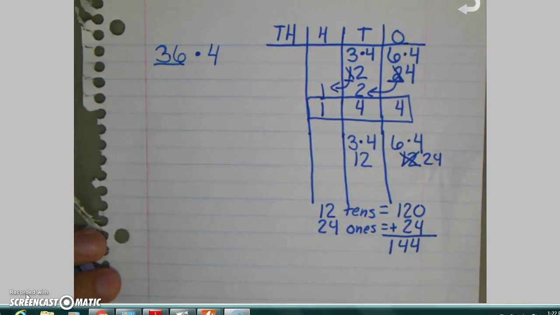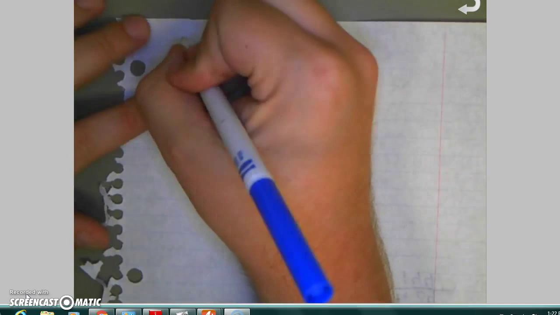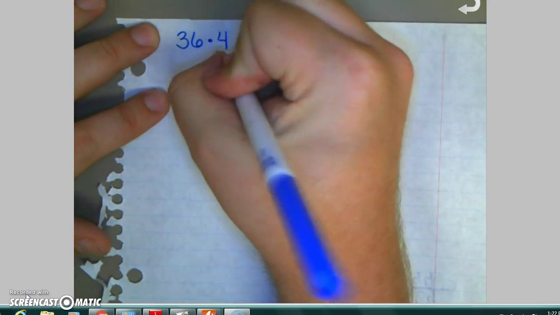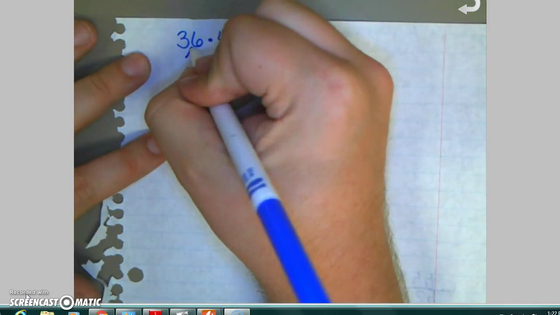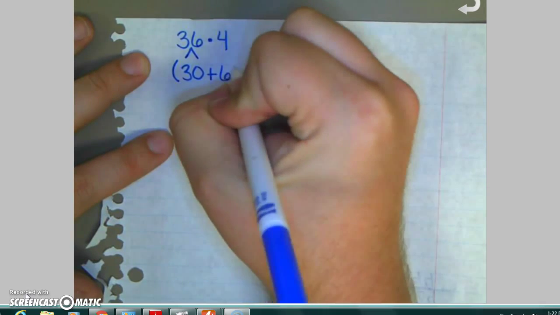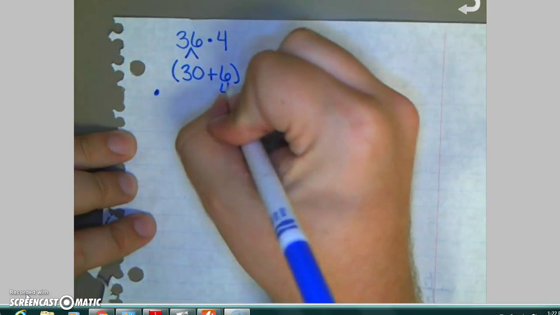Another way that I can do this problem, 36 times 4, is to break apart 36 into 30 plus 6 and multiply that by 4.